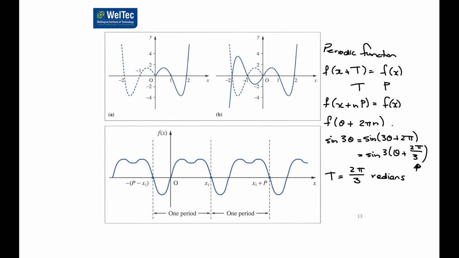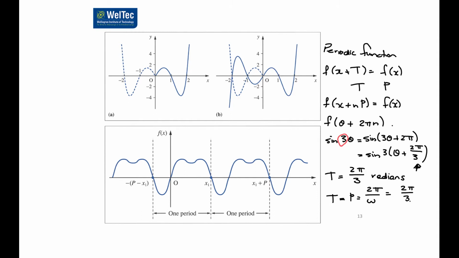Now you probably remember that the time period, or P, whatever you're calling it, is 2 pi over omega, where omega is this number in here, the angular frequency. So we could have gone straight to that by saying that the time period was 2 pi over 3.